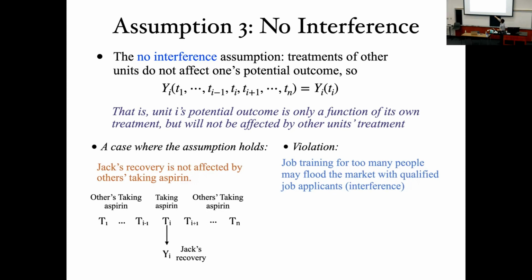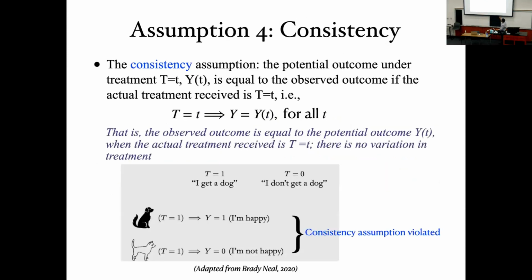And then we can make things so simple right here, as you can see from the illustration. We do the intervention, and we only care about this particular treatment. I can ignore all the remaining subjects in this case. The last assumption is about consistency.